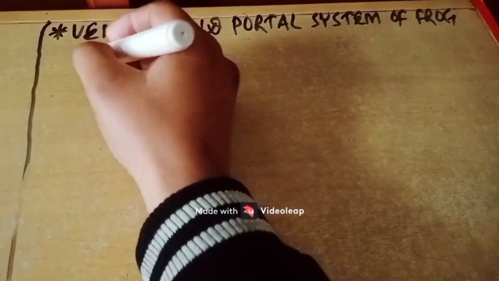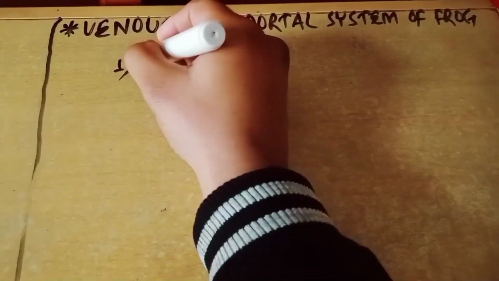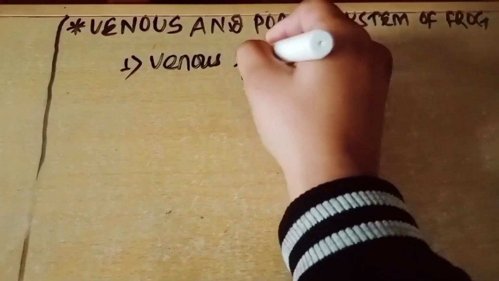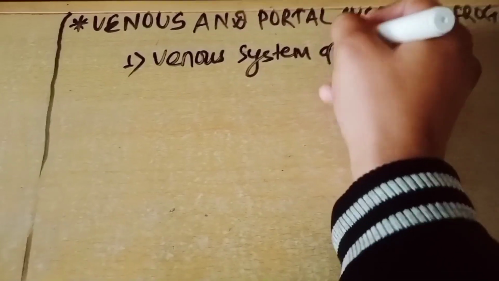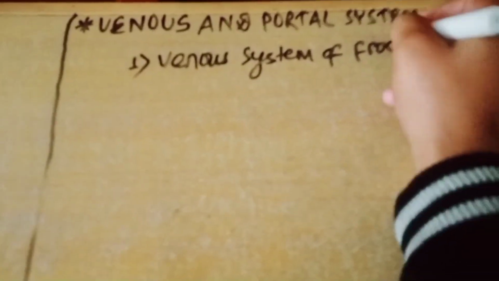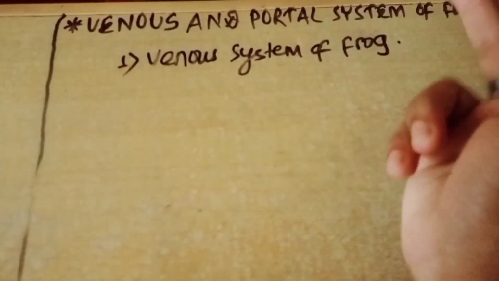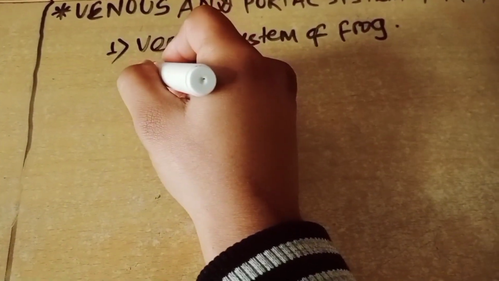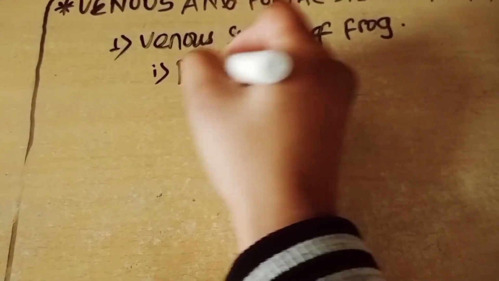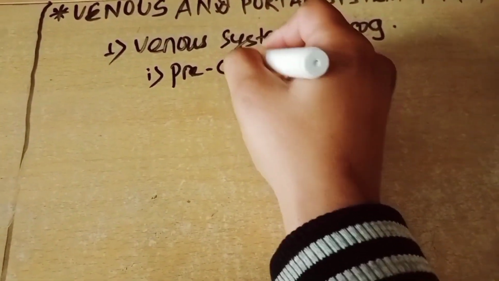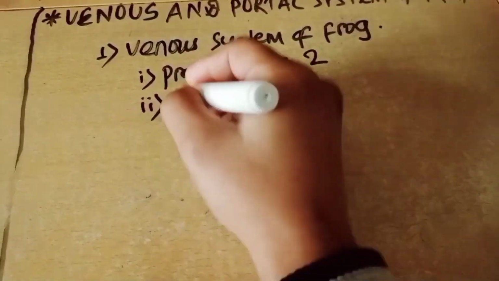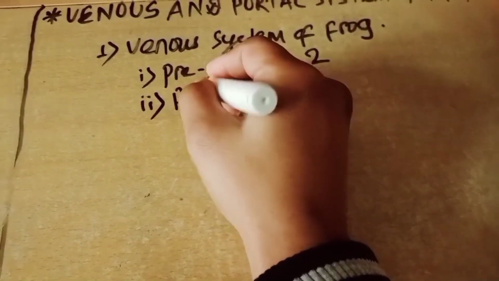Now firstly we will discuss the venous system of frog. In frog, the venous system has two parts: firstly precaval, and secondly postcaval.